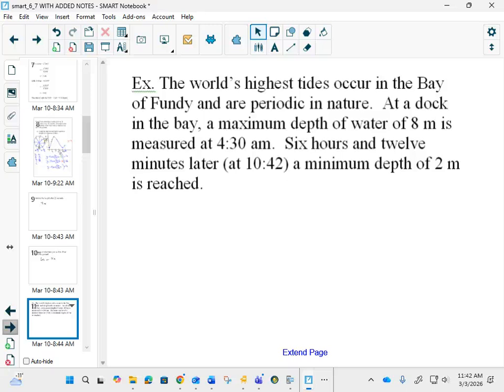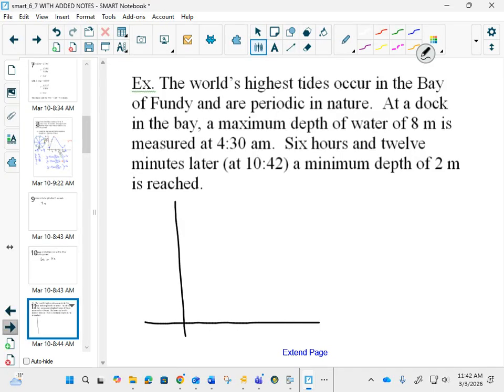So let's start just by drawing the information that's given. They tell us that a maximum depth of water of 8 meters, so this is going to be my maximum, 8, is measured at 4:30 a.m. So I'm going to mark here. Are you okay that 4:30 you won't write as 4.3?